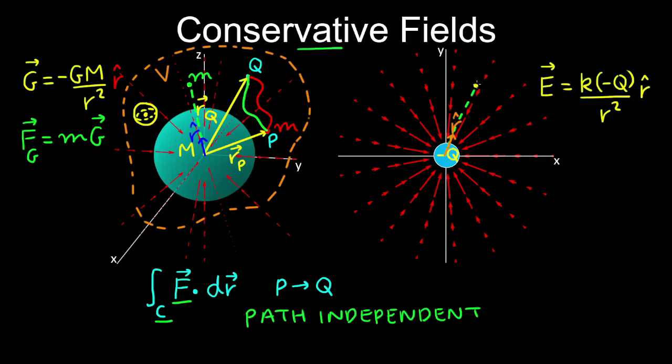Therefore, if we place a charge q at this point, it will feel an electric force equal to the charge times the electric field. If this is a positive charge, it gets attracted to the negative charge, so it gets pulled in a direction towards the negative charge due to the electric force at that point.